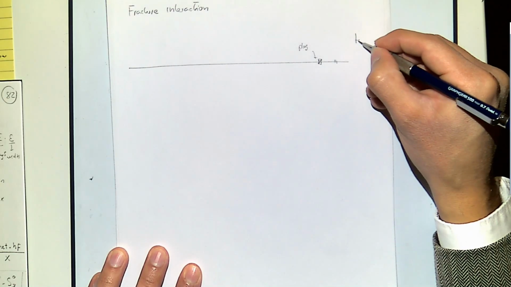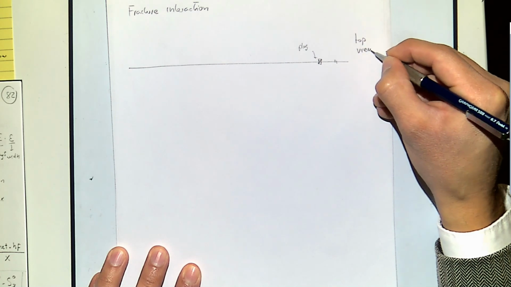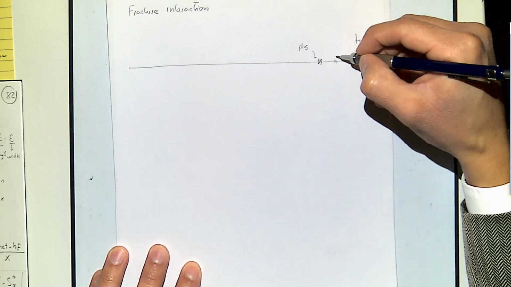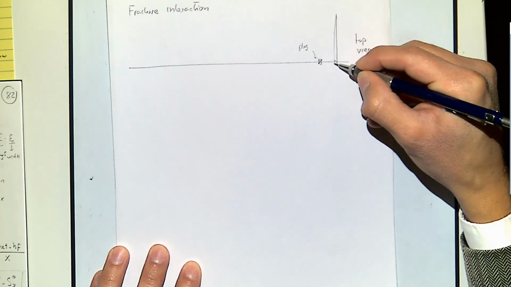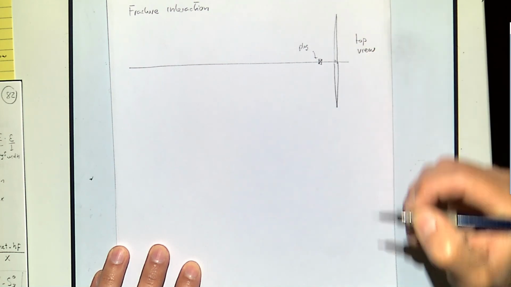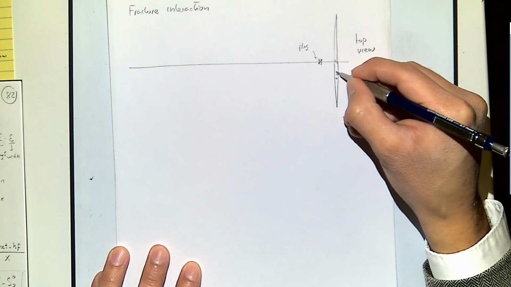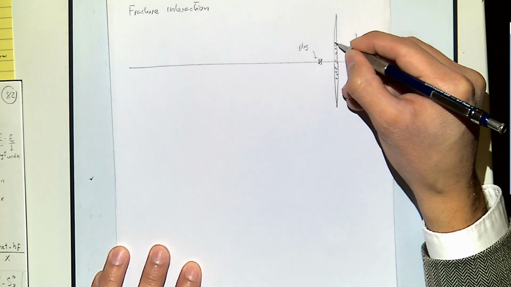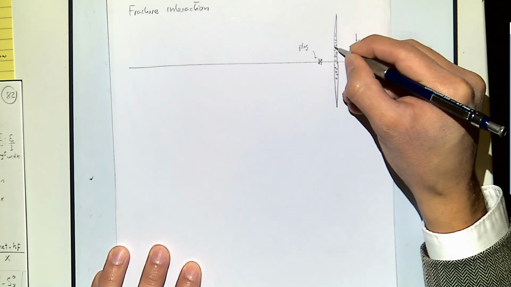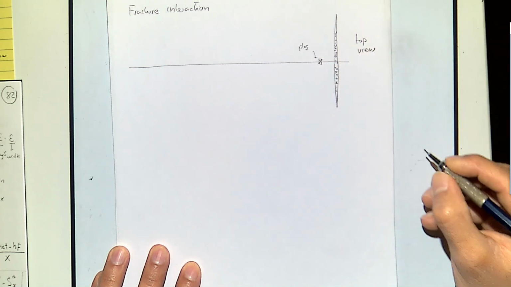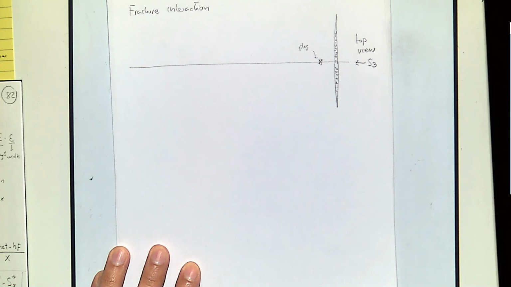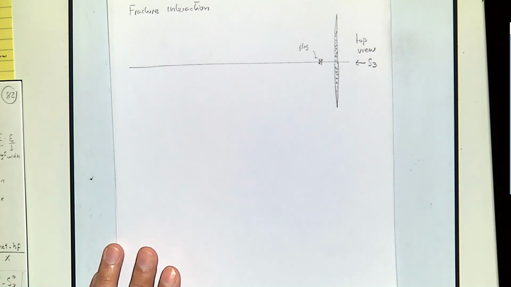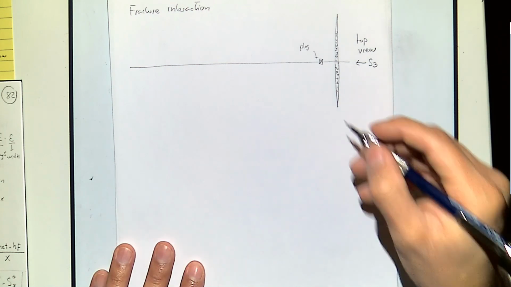Let's assume that, from a top view, we grow a nice fracture that goes in the two directions. It's filled with proppant. It's perpendicular to the minimum principal stress. And then we're done with the first one.